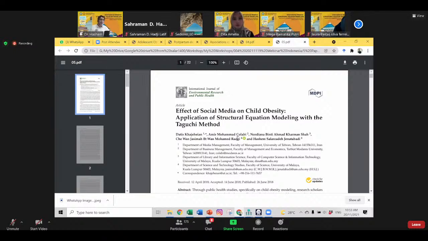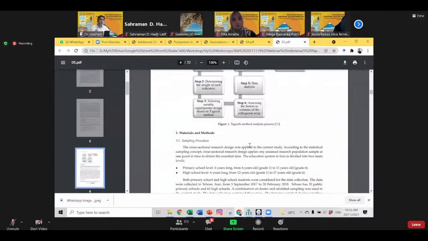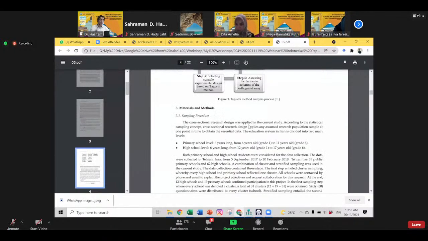You can see that I'm talking about the process of the Taguchi method, after analyzing the structural equation modeling, and then this is the framework.